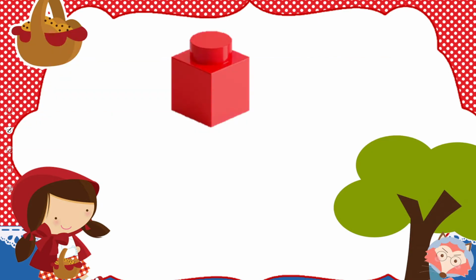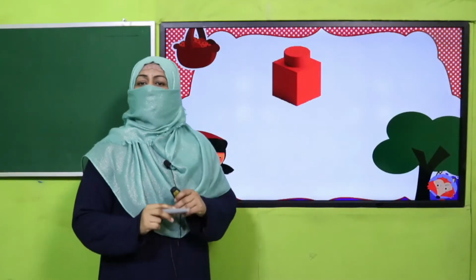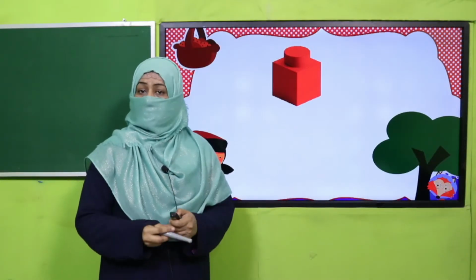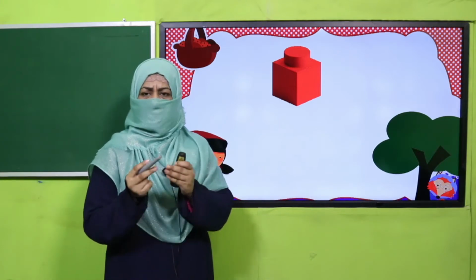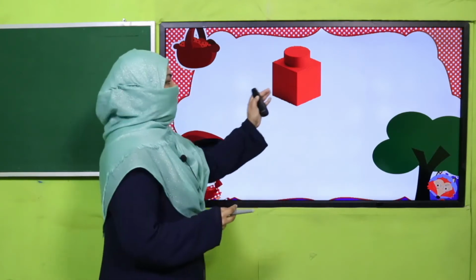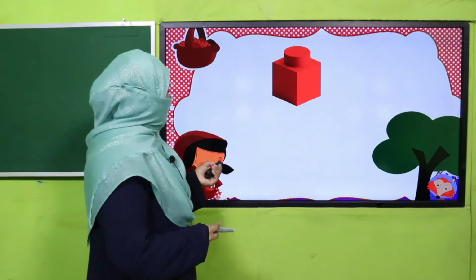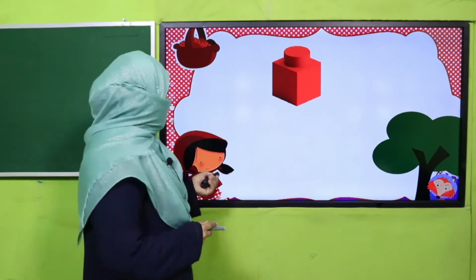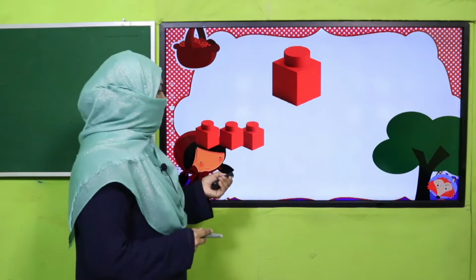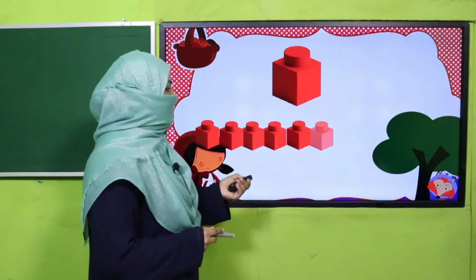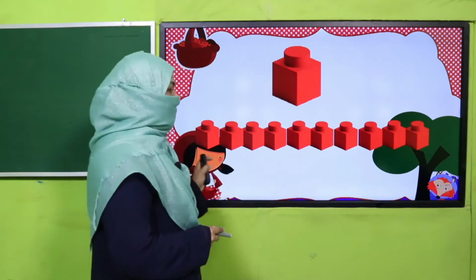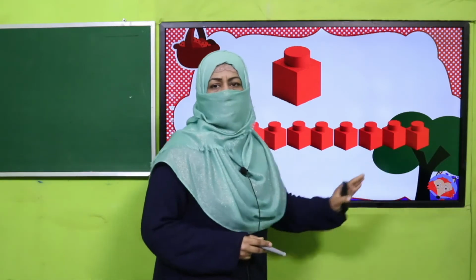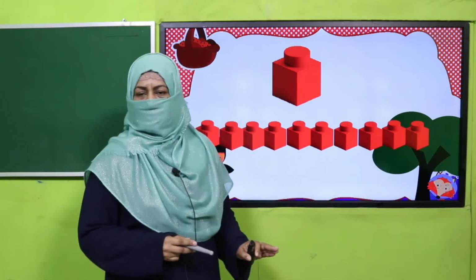So beta, let's first tell me, how do we count? We count by saying the numbers, right? If we want to count anything, we start numbering. The way it's 1. And if I keep doing this, 1, 2, 3, 4, 5, 6, 7, 8, 9, 10. So these are 10 blocks altogether. Okay.